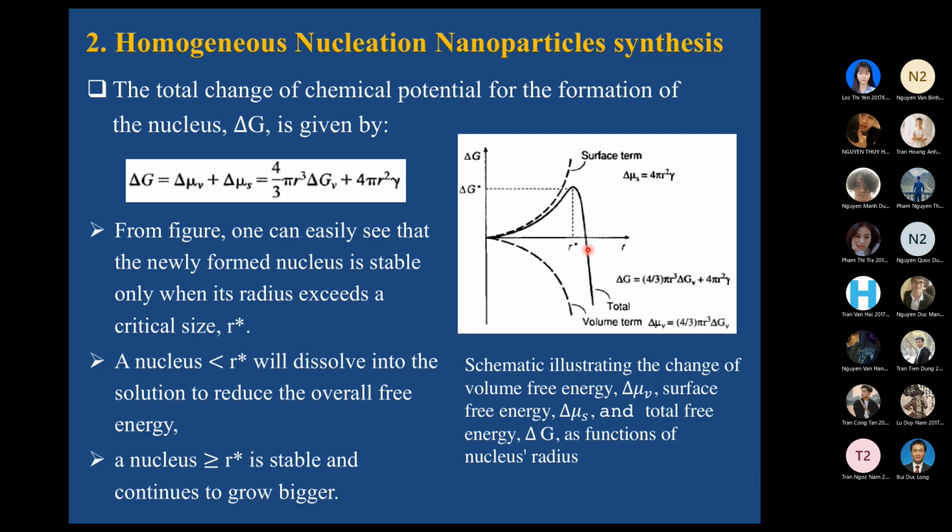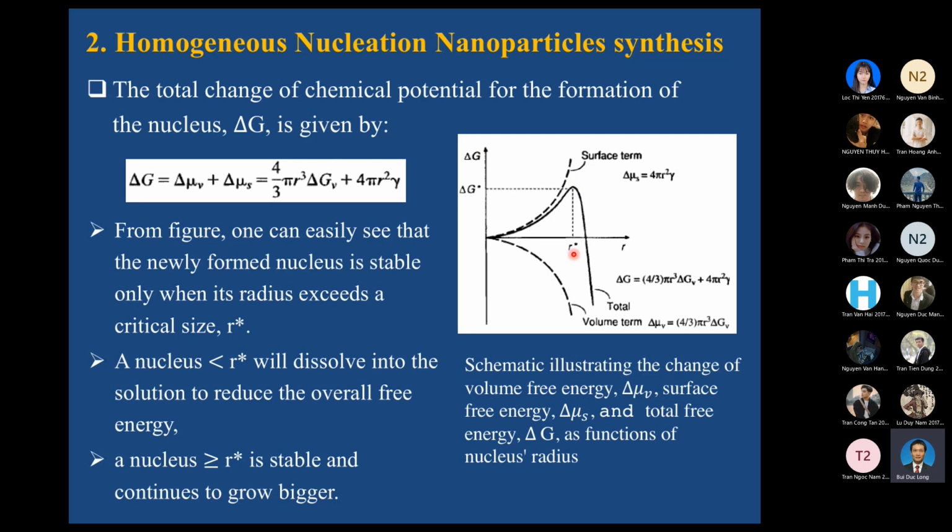This R star we call the critical radius of the nucleus. It means that if the nucleus wants to exist or grow, its radius has to be larger than the critical value.